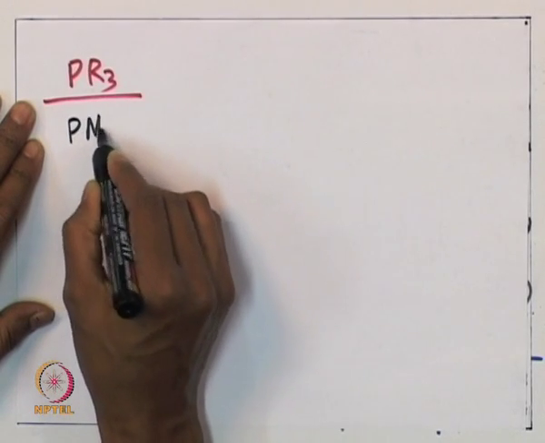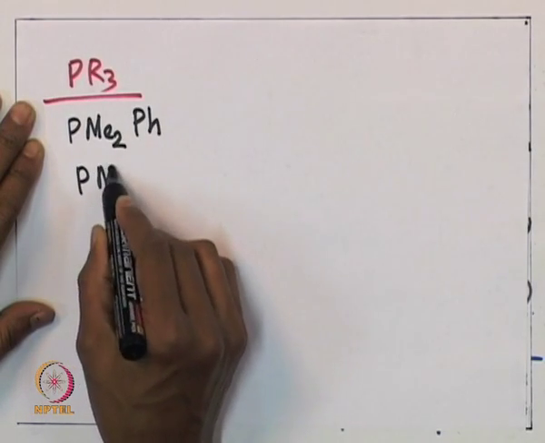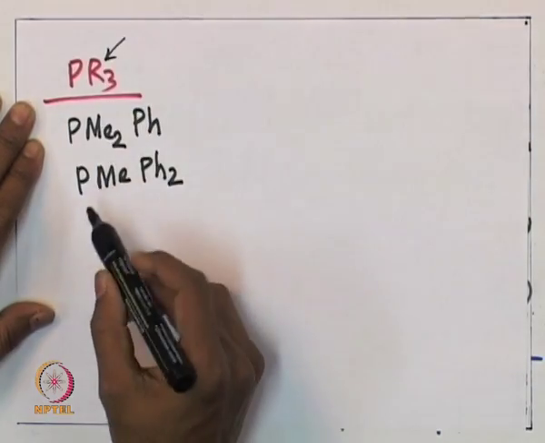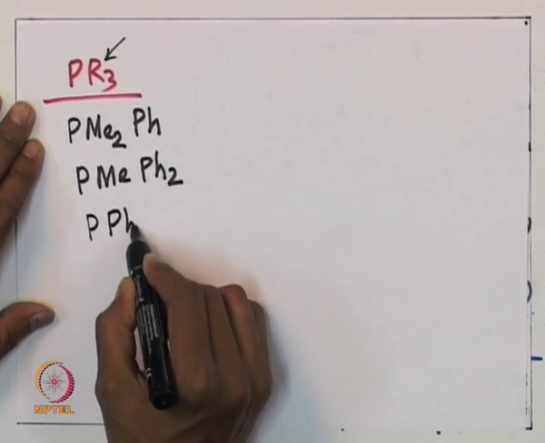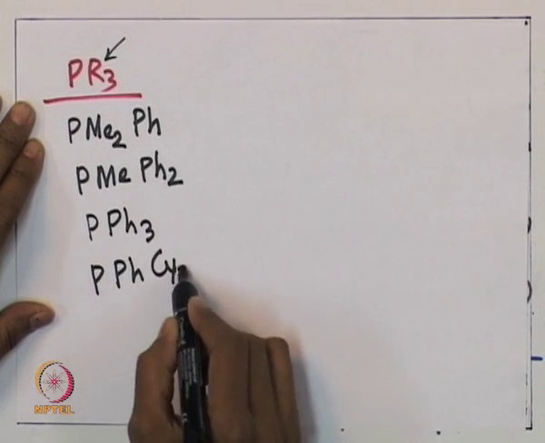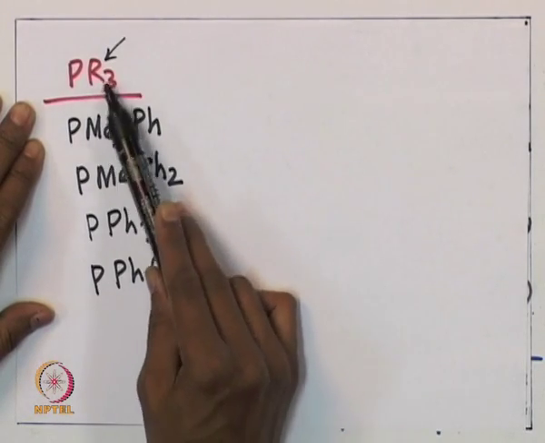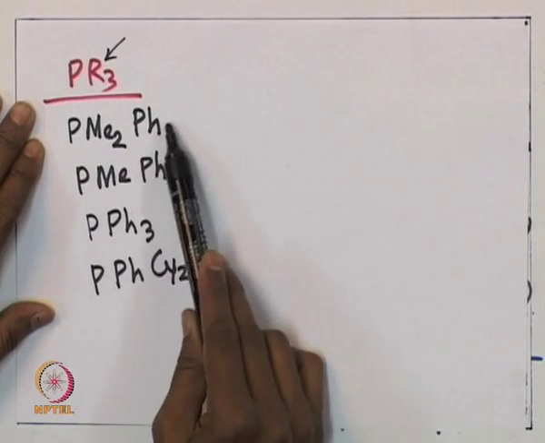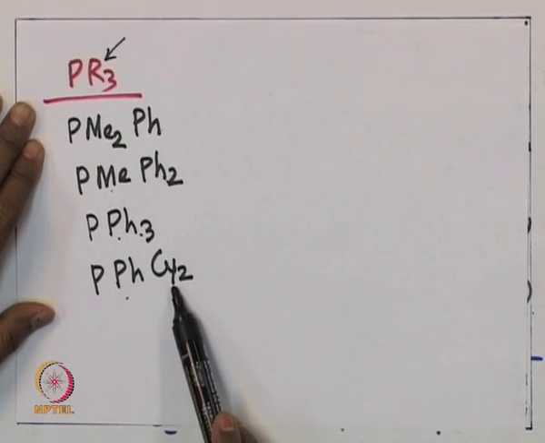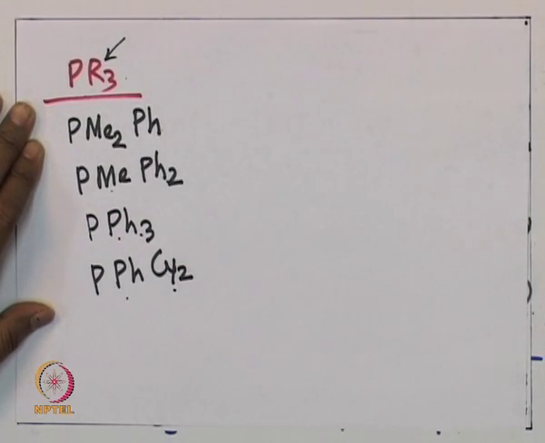For example, we have PMe2Ph and PMePh2, again R is varying, and let us say triphenyl phosphine or dicyclohexyl phosphine. So, in all these cases 3 R are there, and these R could be different: 2 methyl, 1 phenyl; 1 methyl, 2 phenyl; 3 phenyl; 1 phenyl, 2 cyclohexyl. In all these cases PR3 is the general formula.